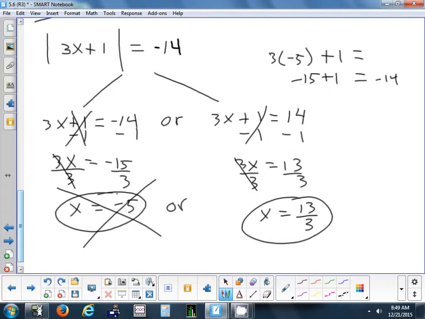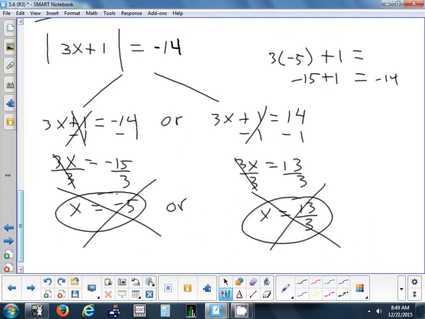Okay? What do you notice about this equation? Yeah, there's already a negative on the right-hand side. Absolute value always has to equal what kind of number? Yeah, or it could be 0, but it can't be a negative. So if you have an absolute value equation equal to a negative, you can go through all that work, but your answers are not going to check out.